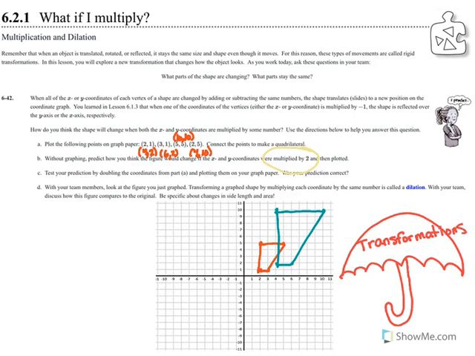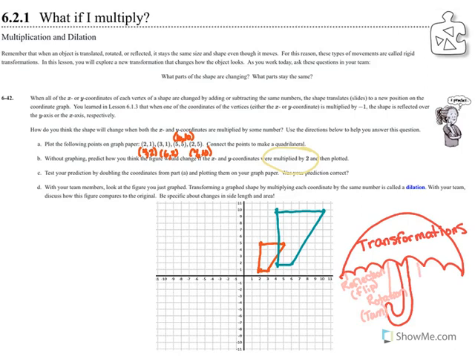And we have 4 transformations. The first one is reflection. And reflections flip whatever you have. The next one is rotation. And rotations turn it.